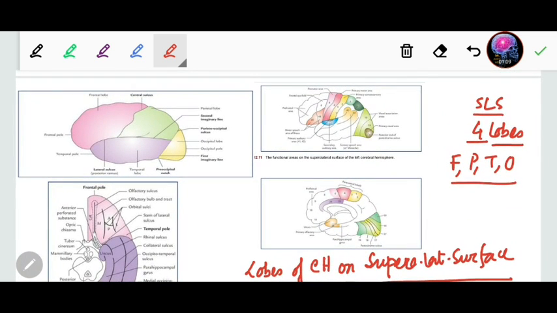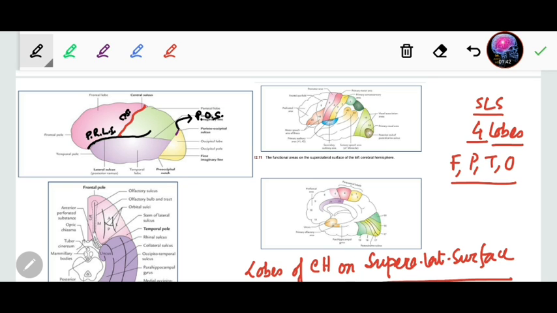This is the central sulcus. This is the posterior ramus of the lateral sulcus, and this is the parieto-occipital sulcus.